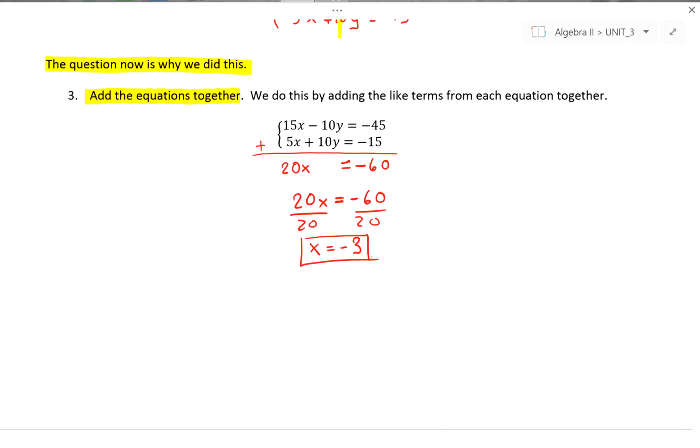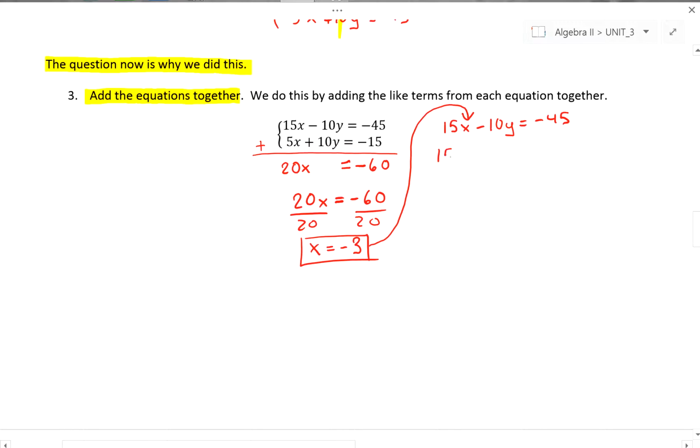What we can do now that we have the x is we can pick and choose any of the original equations we want. I'm going to pick the top one. I'm going to go 15x minus 10y is equal to negative 45. And I can take this x equals negative 3 that I've already solved for, and plug it into the x of that equation, which means that I will only have y left, and I can solve for that.